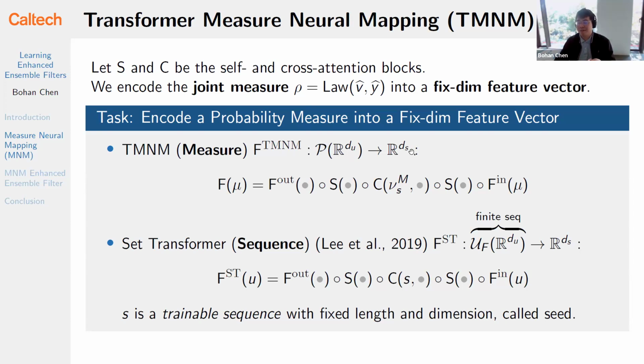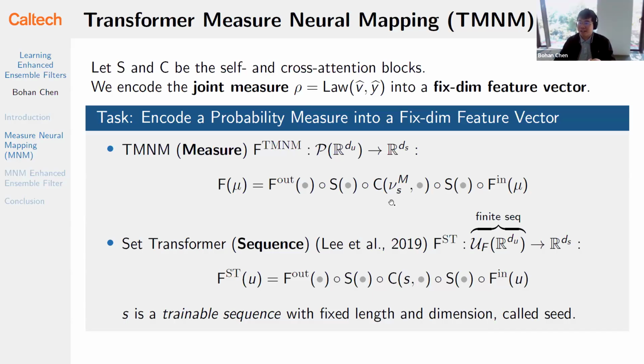This is also adjustable. The design of it is that, firstly, for the input measure, we have F_in, a feed-forward neural network, like a standard fully connected layer. And then the encoder is a composition of several self-attention blocks.